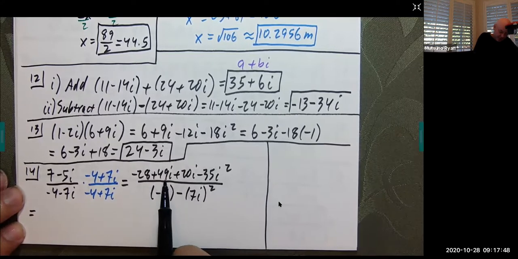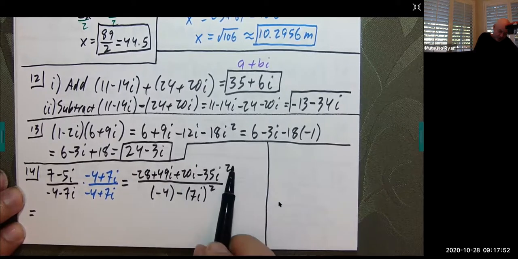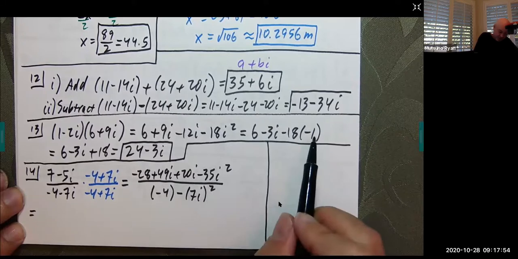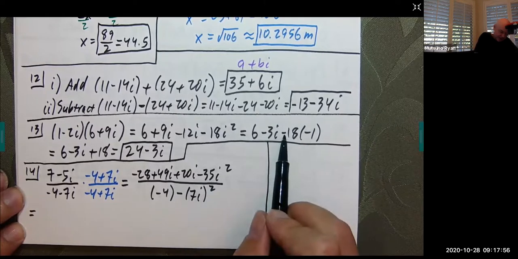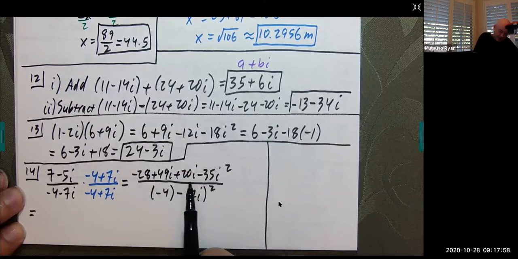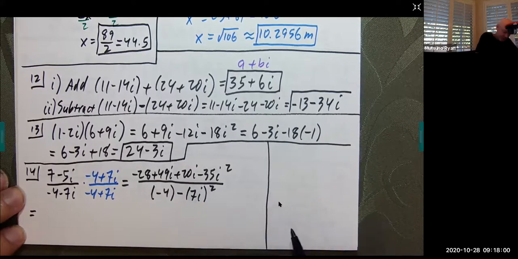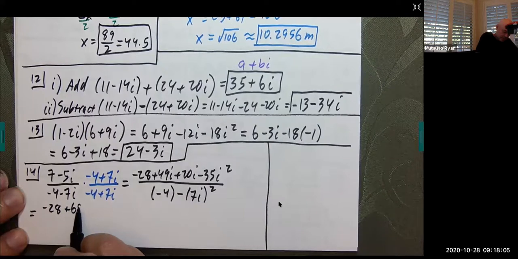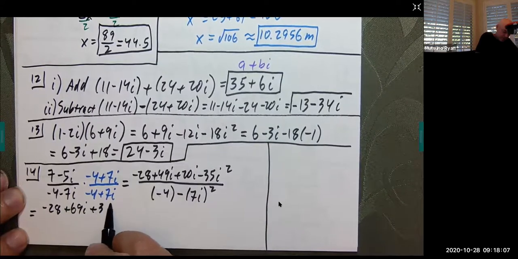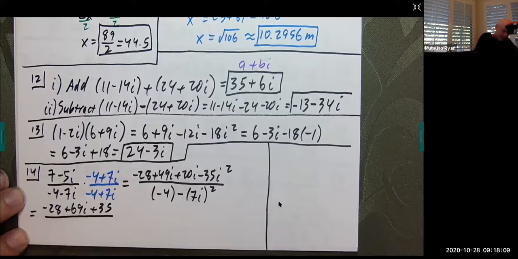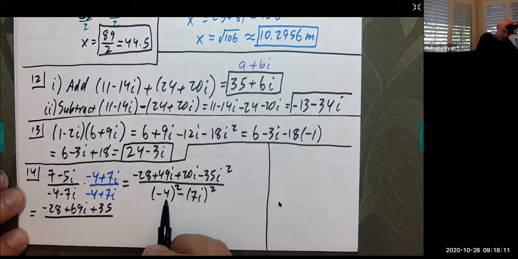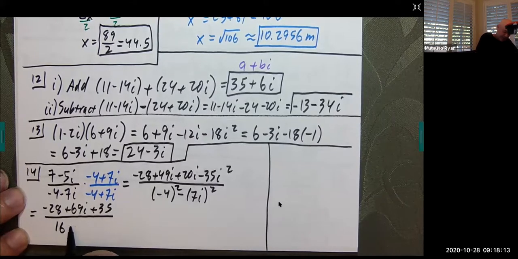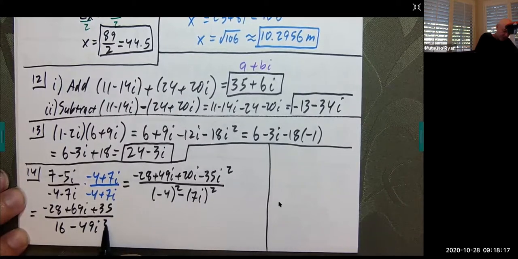Here in the middle, I'm going to add up the two like terms. That i squared, if you remember, is a -1, and it actually changes the sign. So instead of minus 35, I'm going to write that as plus 35. Down below, -4 squared is 16, minus 7i squared is 49i squared.